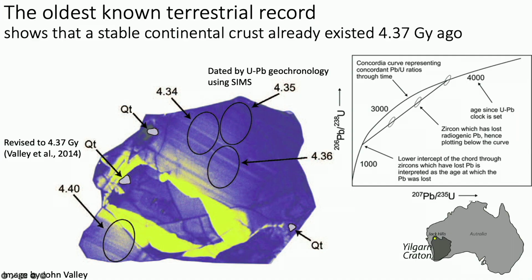So the way it's represented, and you may see a couple of those graphs in the literature, is how the age is measured on the zircon. You have this lead over uranium, so 206 lead over 238 uranium, as a function of 235 uranium.